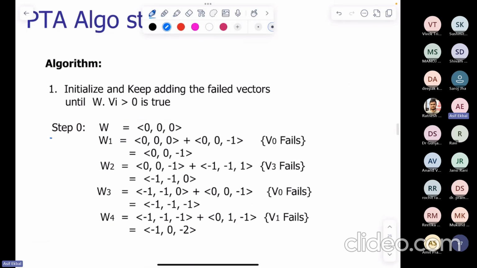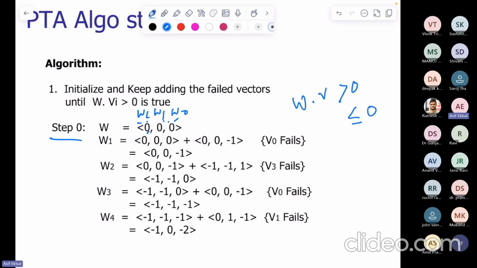So initially at step 0, since you have W2, W1, and W0, these are the 3 different weights, you randomly assign all these weights to 0. You don't have to do anything else. And then, if 0 0 0 is the weight, you see whether WV is greater than 0 or less than or equal to 0. This testing you do. How do you do that?